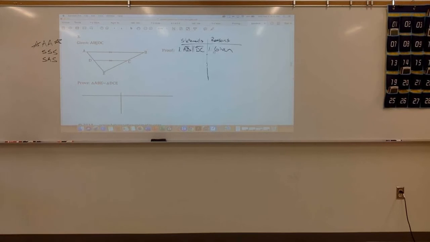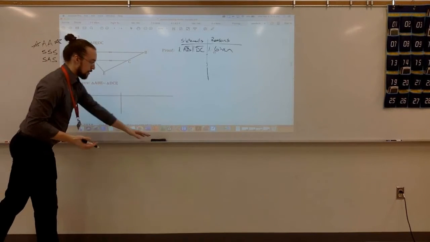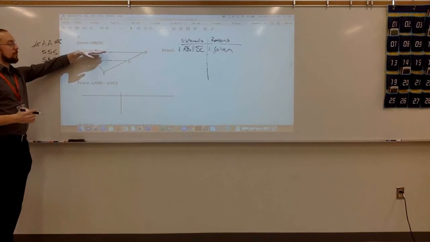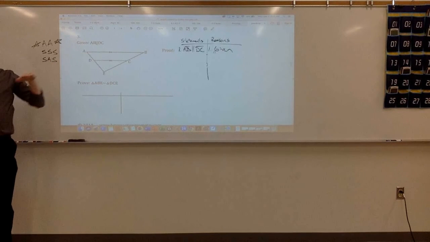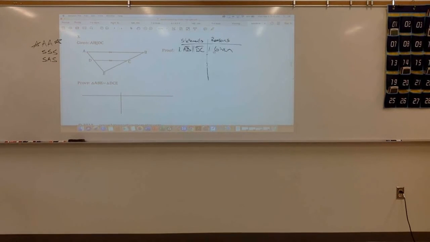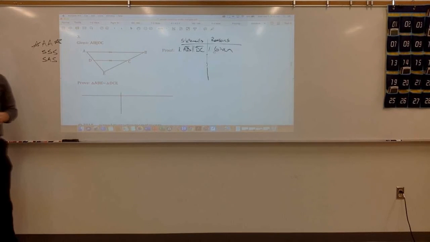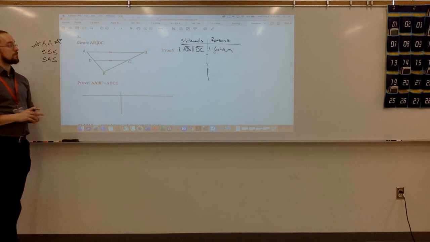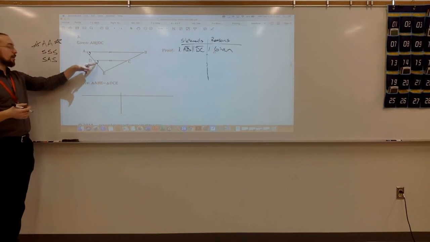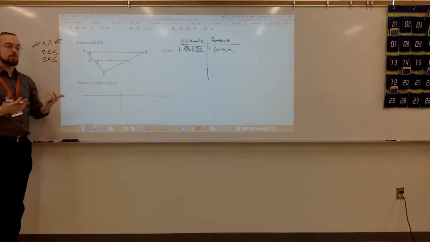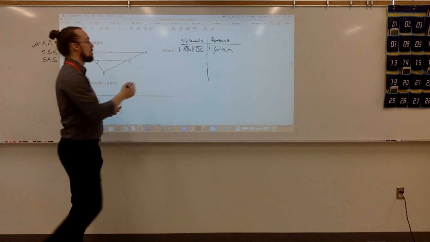So now I need to look for congruent angles. If I know that these two lines are parallel, what congruent angle relationships could I find in this picture? Yeah, I can find some corresponding angles. Which ones? This angle here would be congruent. Now, since there are multiple angle D's, we would have to name this one using 3 letters.